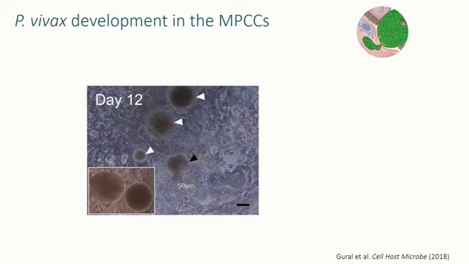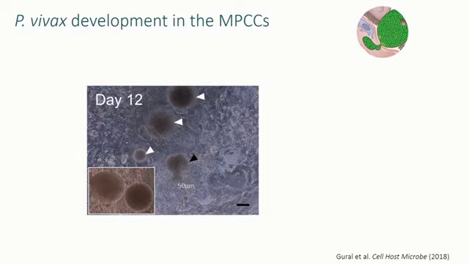So, at day 12, we could observe in real time the release of merozoites. Here in this image, we can see 3 schizonts that contain merozoites inside, marked with the white arrow. And then we can see 1 schizont that is releasing merozoites.